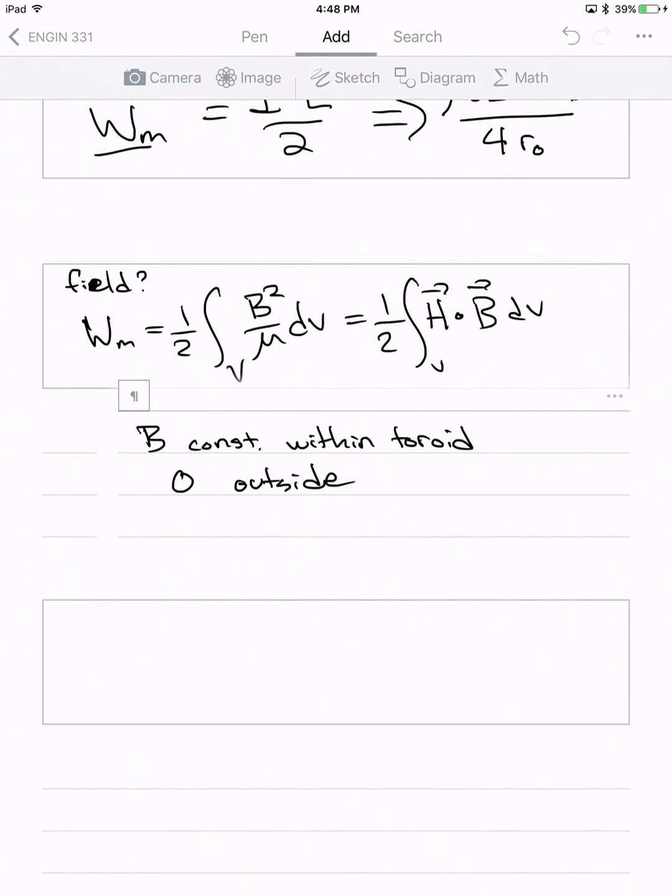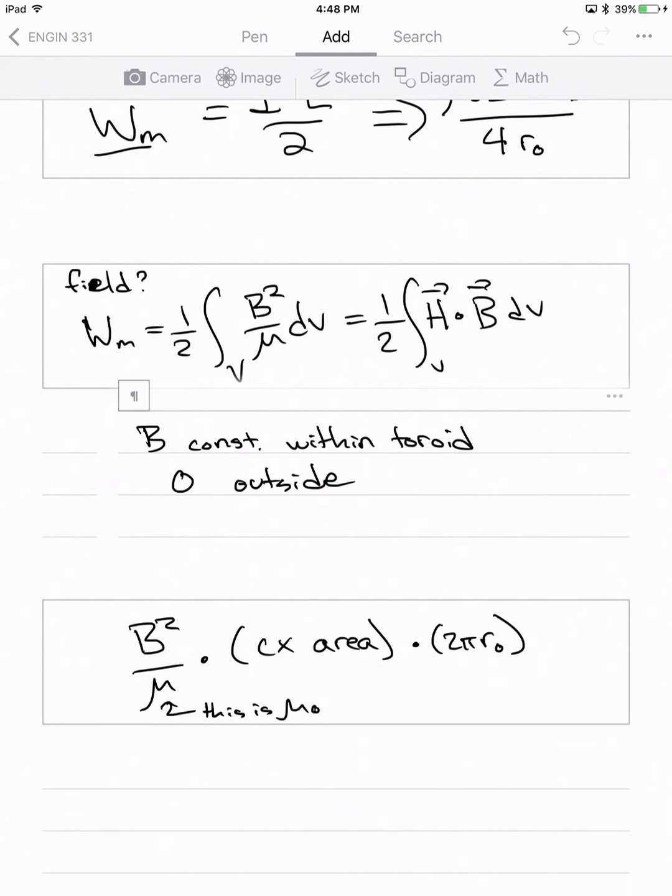We can just do B squared over mu, and in our material, this is mu naught, because our material is air, times the cross-sectional area times 2 pi R naught, and that'll do it.